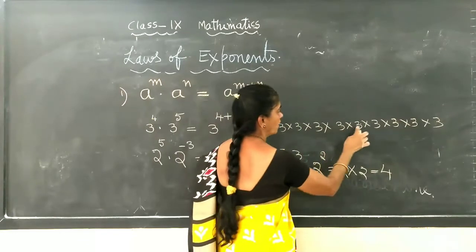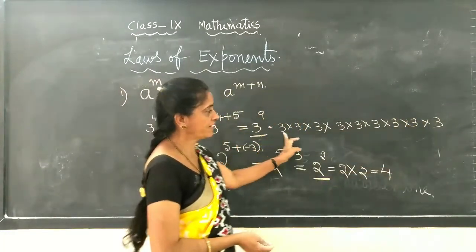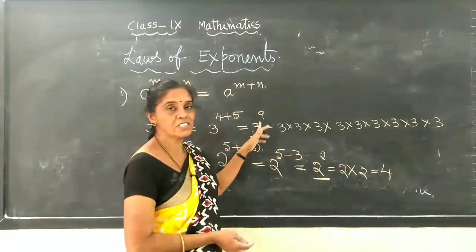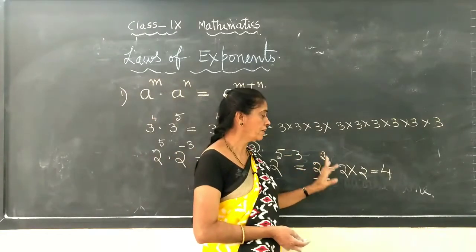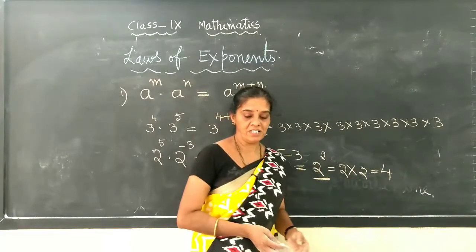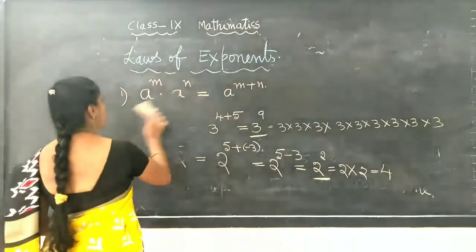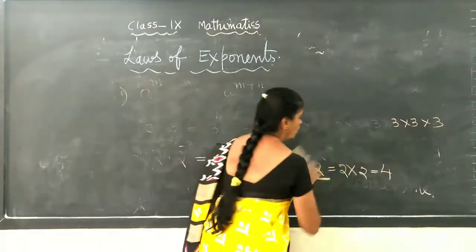But for such problems, it will take a lot of our time. So usually we will write it in this pattern. But if it is a small number, then we can do the expanded form and we'll get the answer 4. So depending upon the problem, you can simplify. That is the first law you have studied.